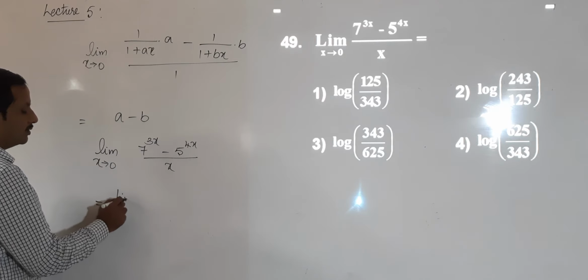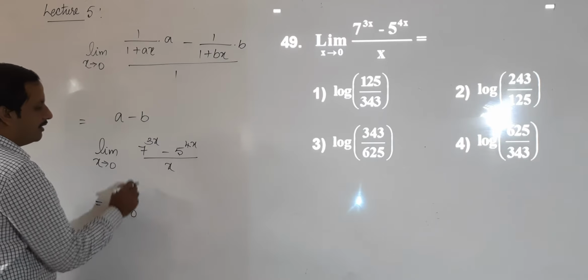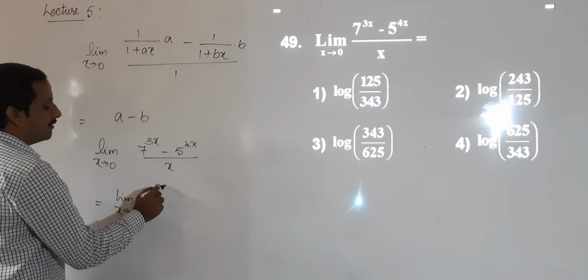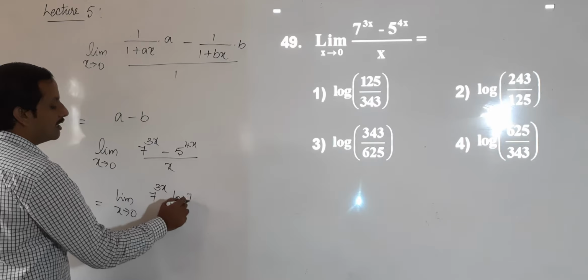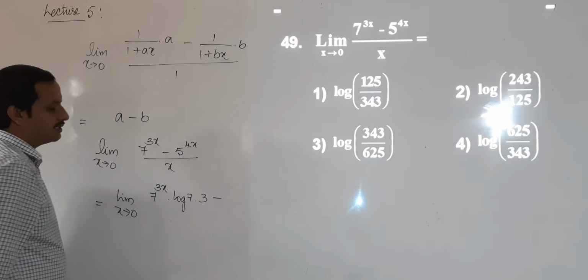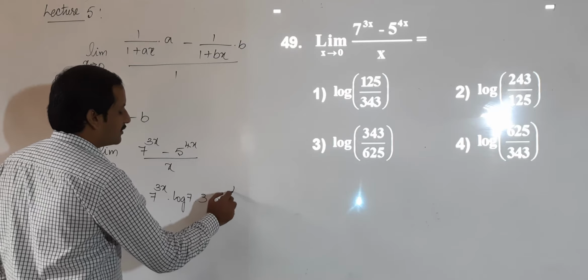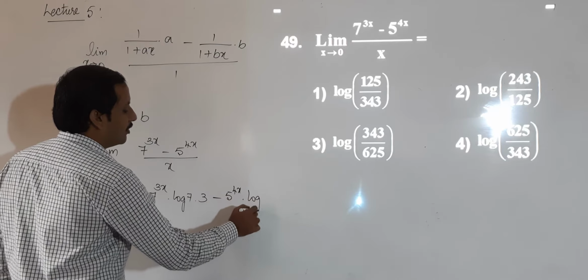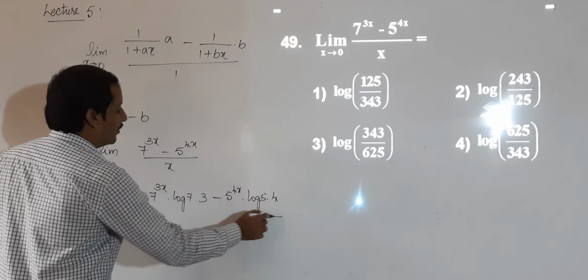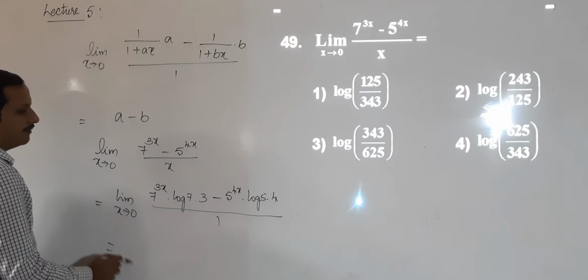Use L'Hospital's rule. The derivative of this is 7 power 3x into log 7 into 3, minus the derivative of 5 power 4x, which is 5 power 4x into log 5 into 4, divided by 1.